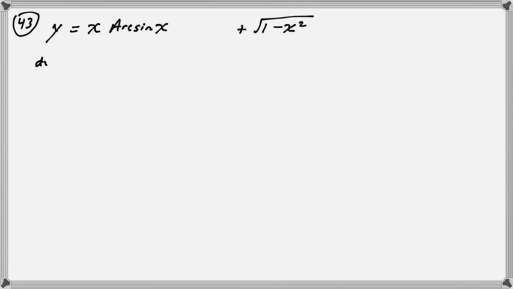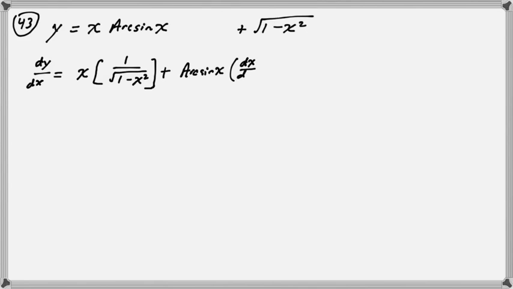Okay, 37, how about 43? This again looks to be a product, so I'm going to do a product rule. So derivative of y is dy dx, bring the x down, derivative of arc sine is u prime over 1 minus u squared. Plus bring down the arc sine of x times the derivative of x, which is just 1.